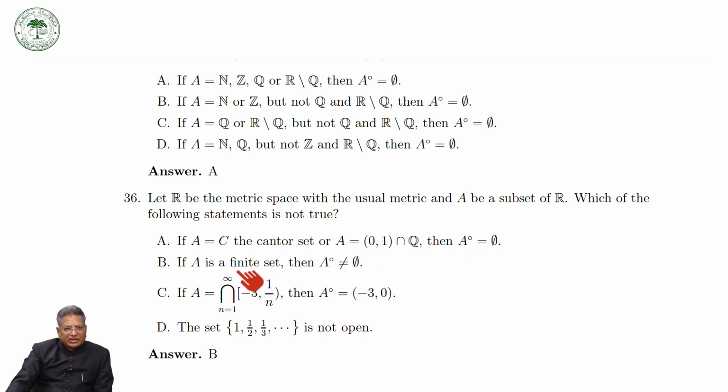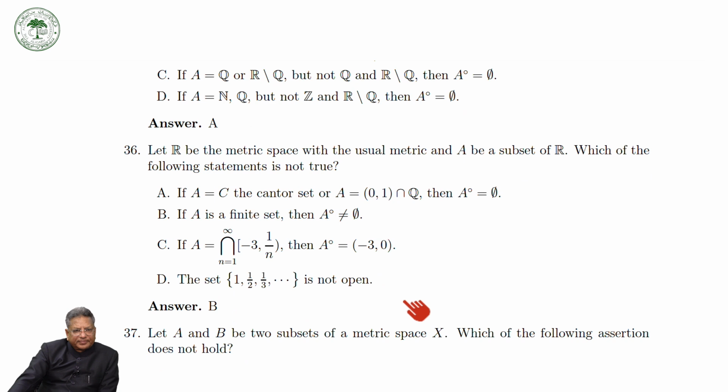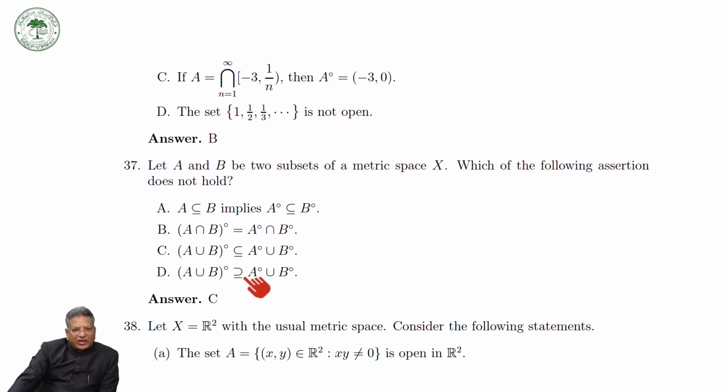If A is a finite set, the interior may be empty, so this statement is not true. The set this is not open. Yes, this is not open. This is correct, but this is not correct. We have already seen that this is true, but this is not true. I have already given you the exercises.